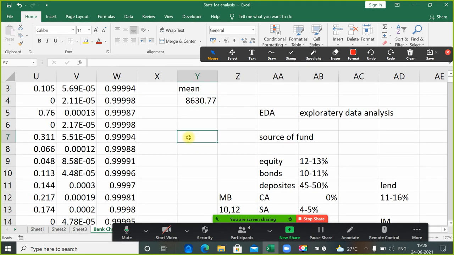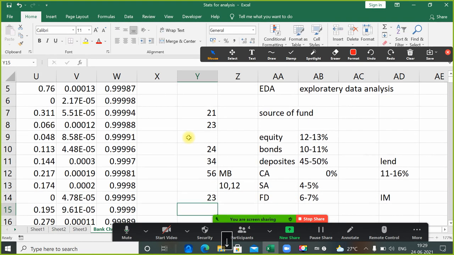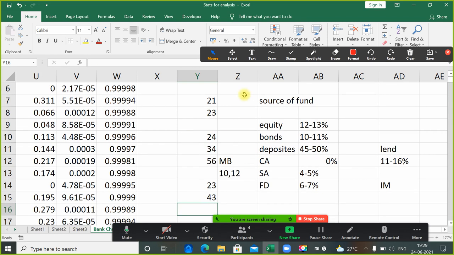For example, I have numbers like 21, 23. I'm not having one number here. 24, 34, 56. I'm not having one number here. Like this we have some numbers, but two of them are missing. ಎರಡು ನಂಬರ್ ಇಲ್ಲಿ ಕಾಣ್ತಾ ಇದೆ ಅಲ್ವಾ. ಈ ಮಿಸ್ಸಿಂಗ್ ಡೇಟಾನ ನಾನು ಫಿಲ್ ಮಾಡಬೇಕು.